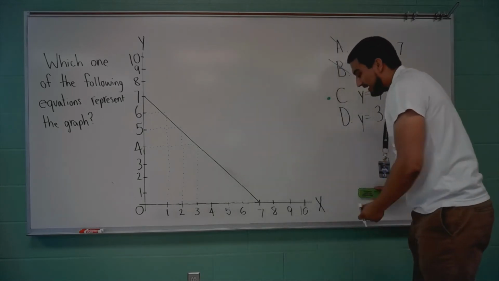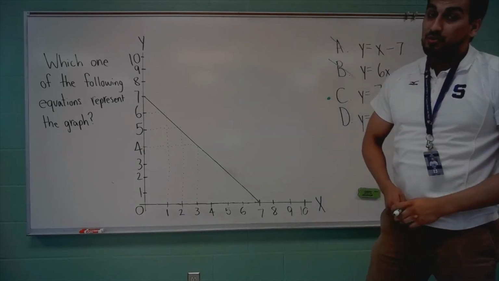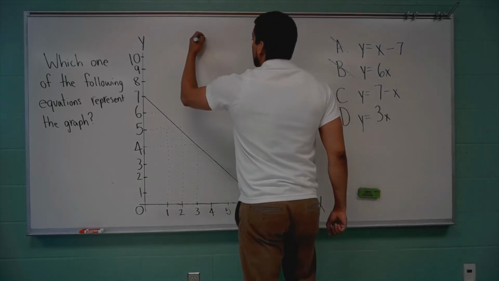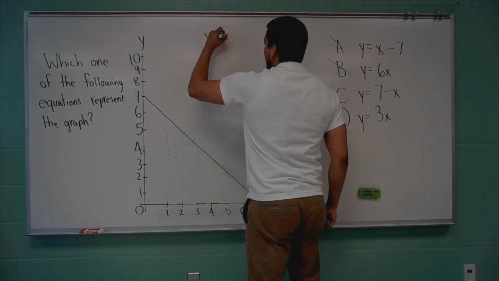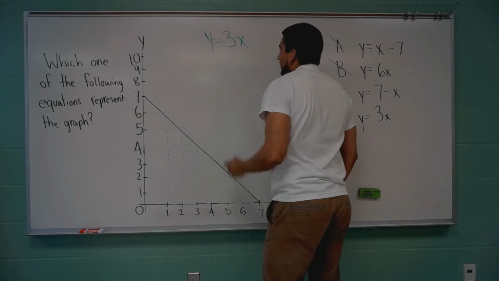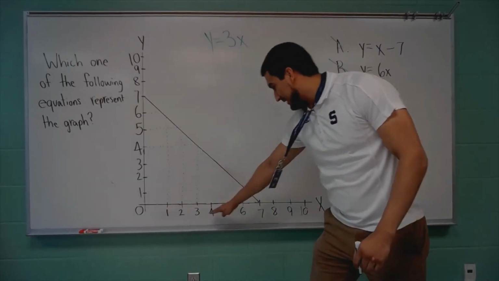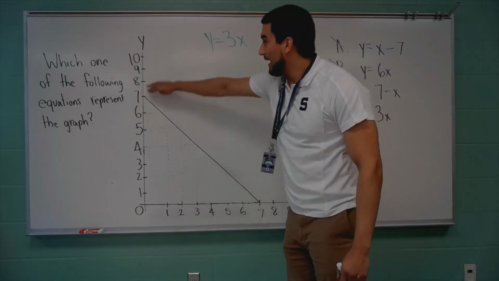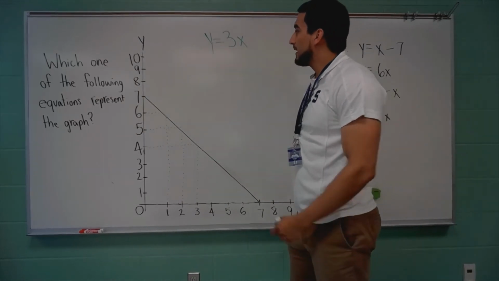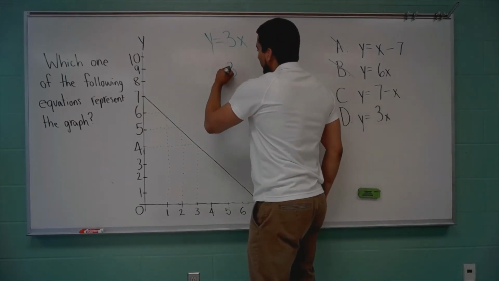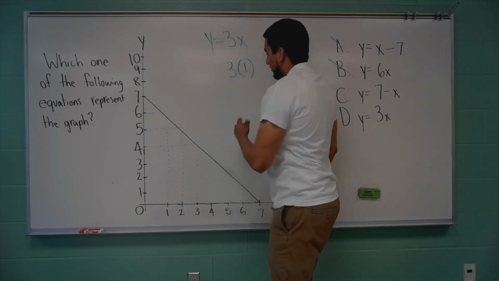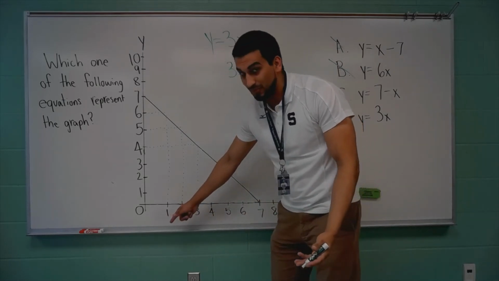Now I'm going to write D. D says y equals 3x. I'm going to write the equation up here so you know it. Remember, our x is being replaced by these numbers down here because this is the x-axis. That's the y-axis, that's what we're trying to figure out. So our first one is 3. We're putting 1, because that's our first one.